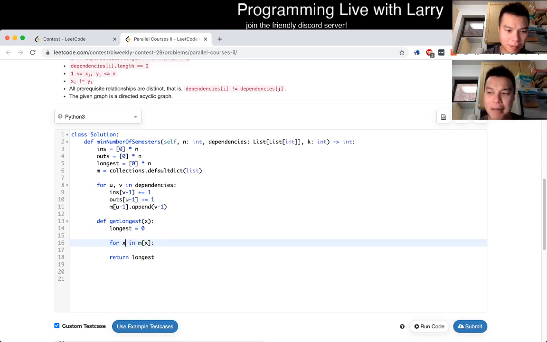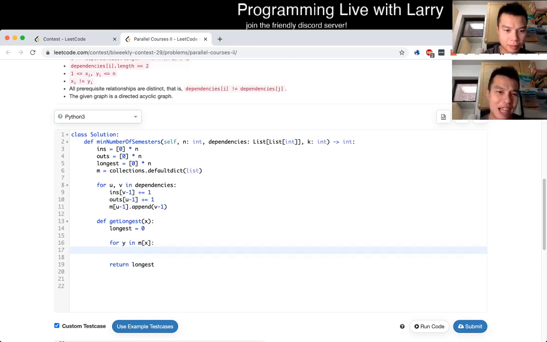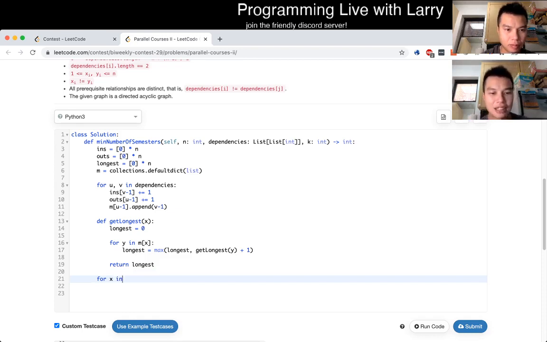So I was like, okay, we could just greedy on that, because we always want to take the node that leads to the longest path, since you have to take that class before all the classes that depend on it on this longest path. So basically, that's what I did.